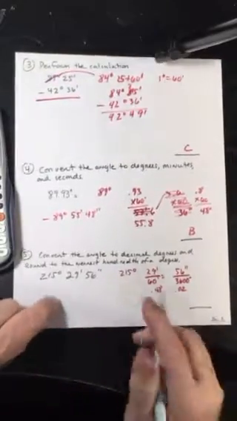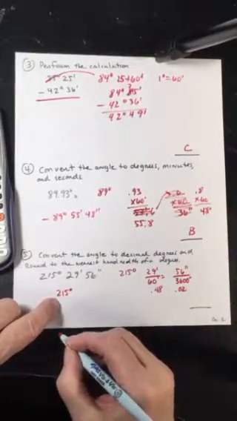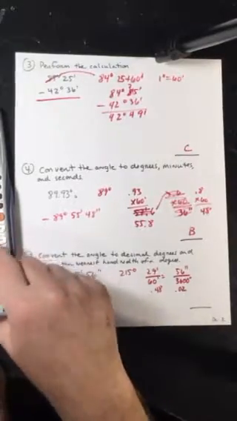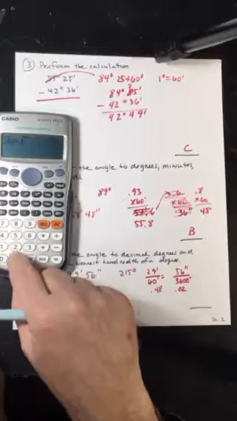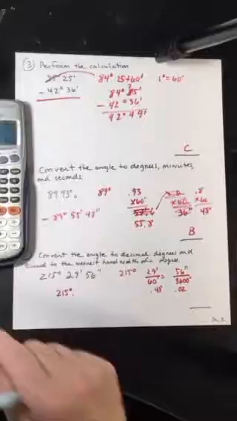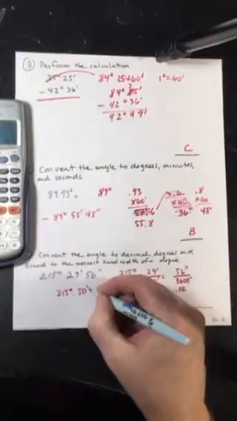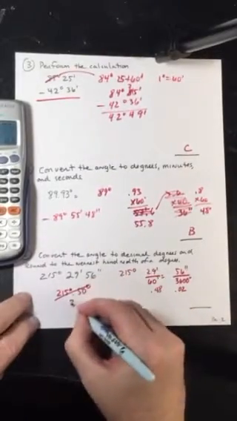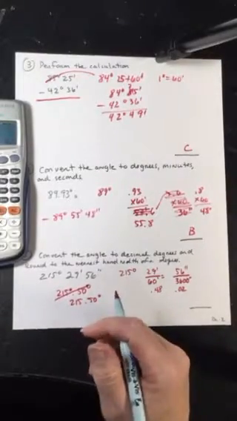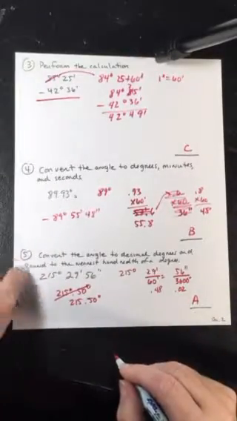So our final answer is going to be 215 degrees. 215 point, I'm going to add the 0.48 plus the 0.02 and I get 0.50 degrees. Sorry about that. So it's 215.50 degrees. And that's going to look like it's answer A. All right, so the answer for number 5 is A.